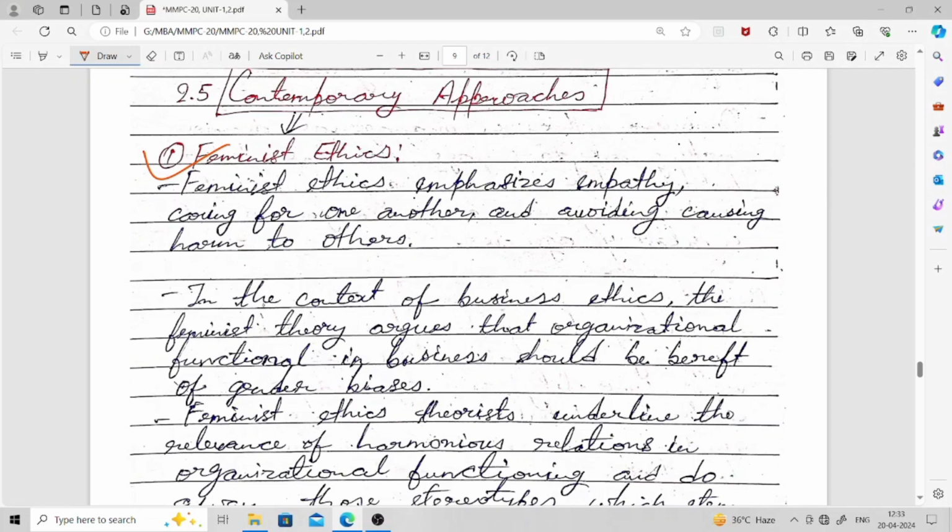So that's why here, in the context of business ethics, the feminist theory argues that organizational functioning should be bereft of gender biases. In simple words, whatever the functionality in the organization is, that should not be gender biased.